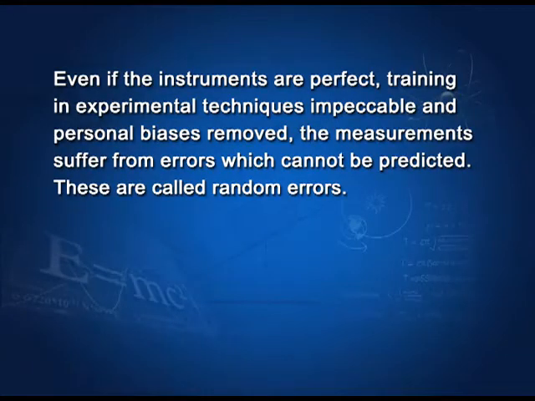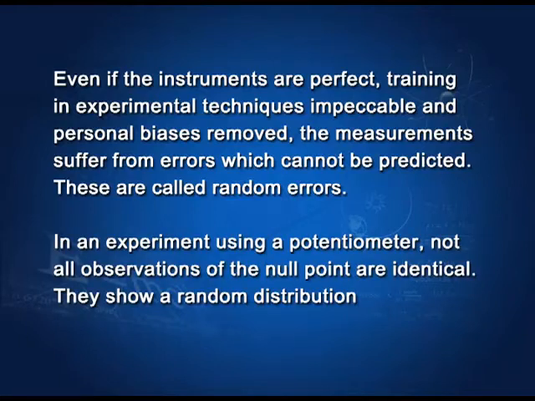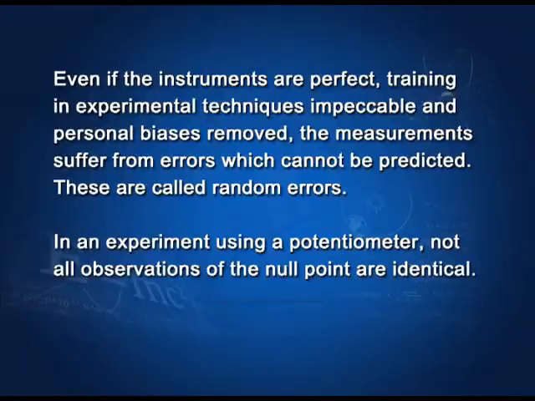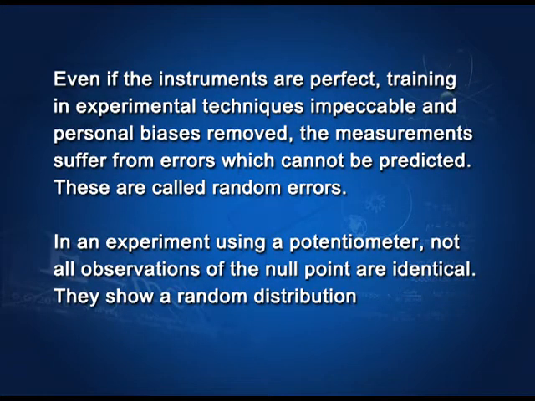The measurements can still suffer from errors, and these are random errors, and these cannot be predicted. In an experiment using a potentiometer, you read the null point, but all the null points are not identical. Sometimes the null point is lower than the previous value, sometimes it is higher. They show a random distribution.